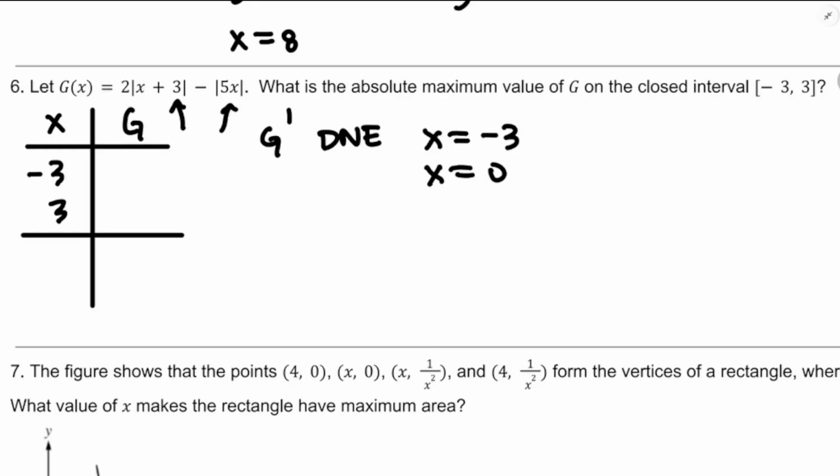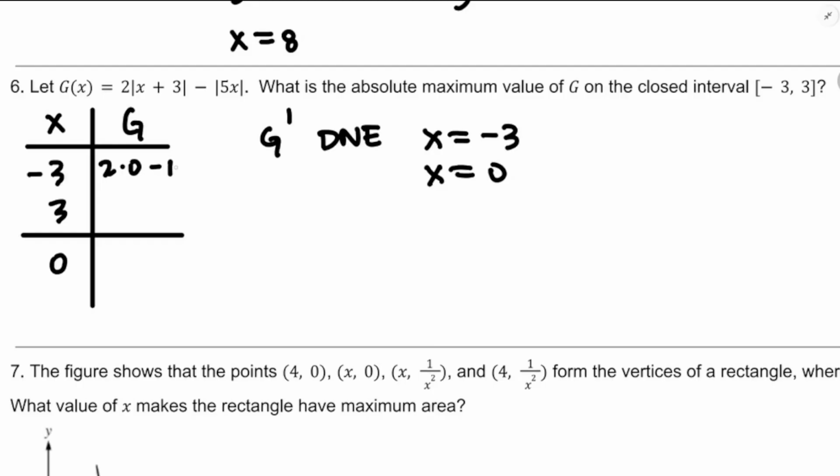You just know that because of the graph of y equals absolute value of x. The defining aspect of it is that it's sharp, so it wouldn't be surprising. You can graph it on Desmos and check if you want. So over here, g is going to equal 2 times 0 minus the absolute value of negative 15.